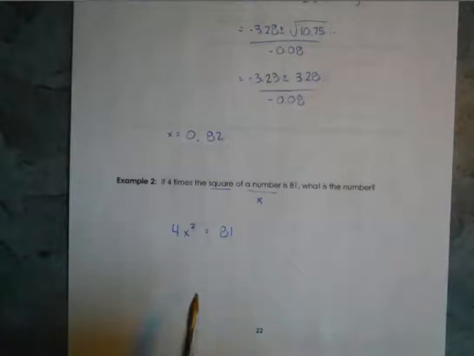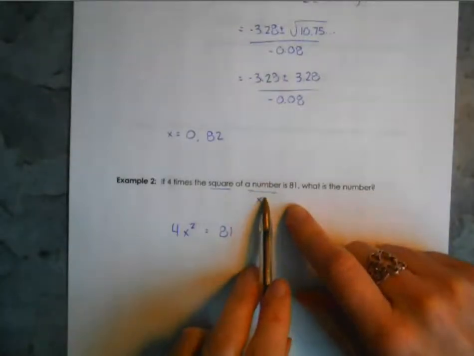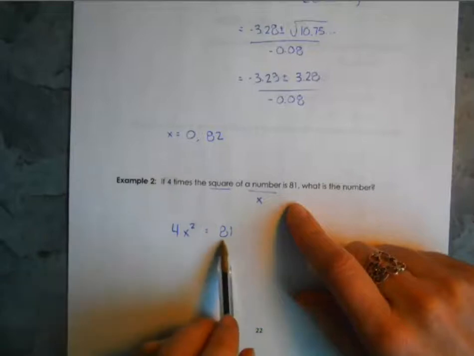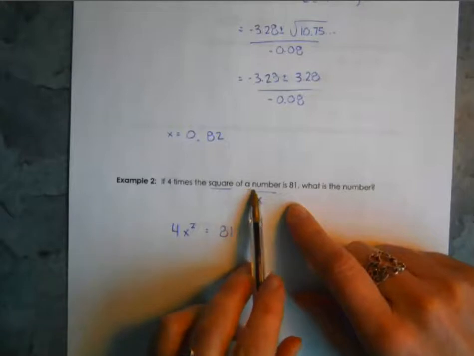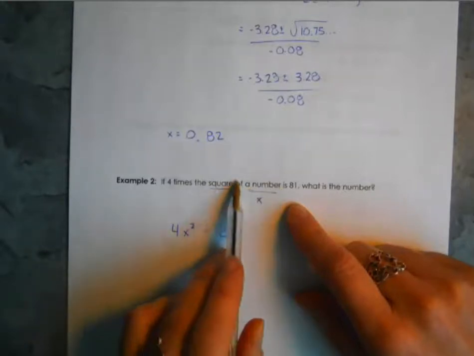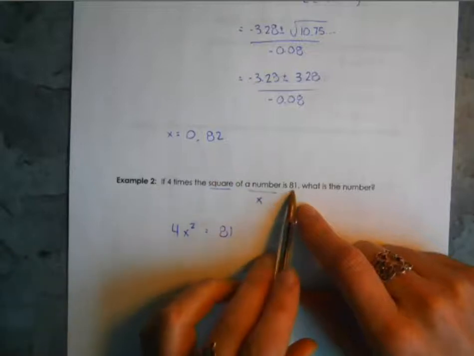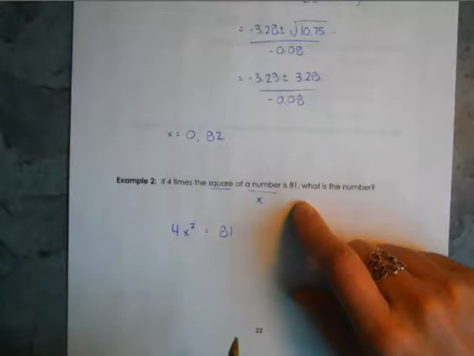You really just have to be able to assign the value, like figure out what your variable is, and then work methodically through what they're telling you to determine how the formula works. So just be careful and know that you have this number, you have the square of it, so it's going to be x squared, and then 4 times that value is 81. So that means that it's going to be equal to 81.